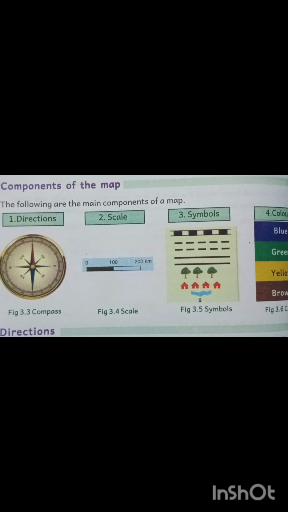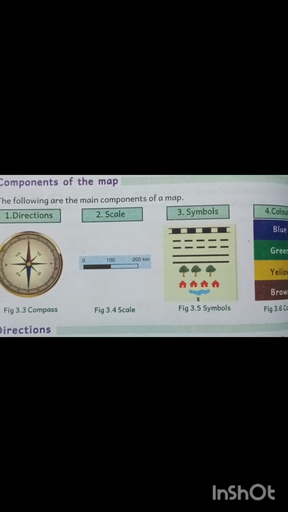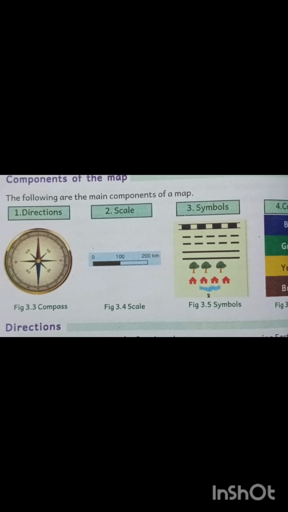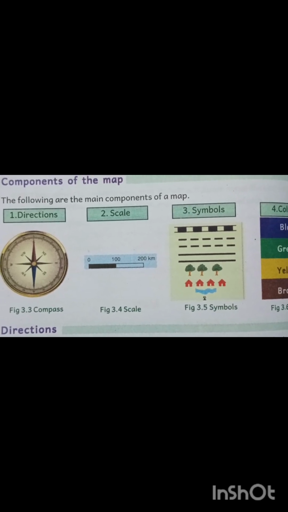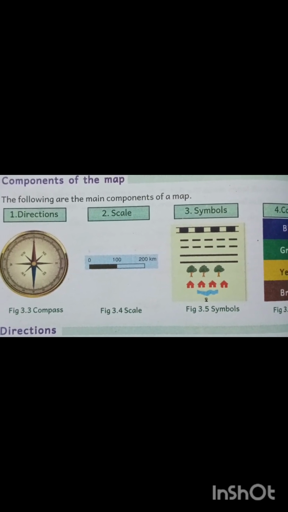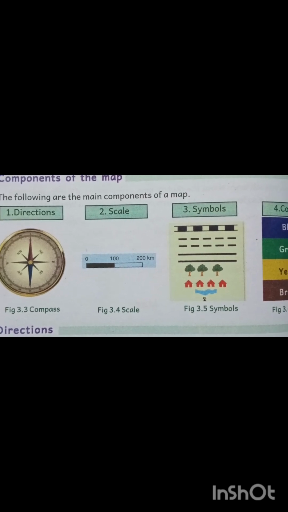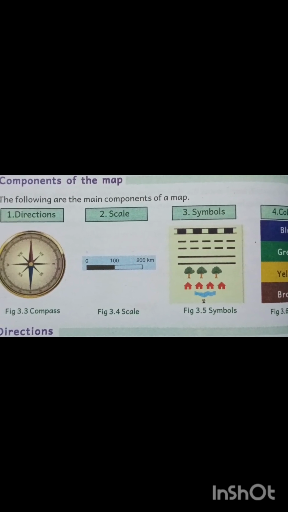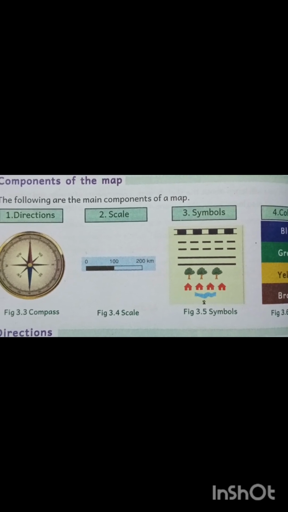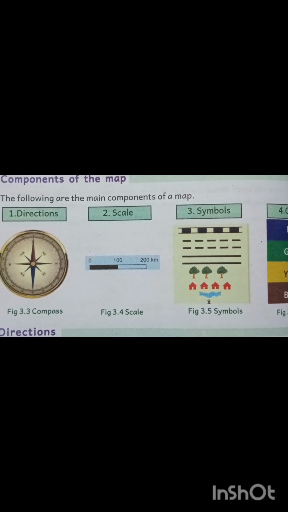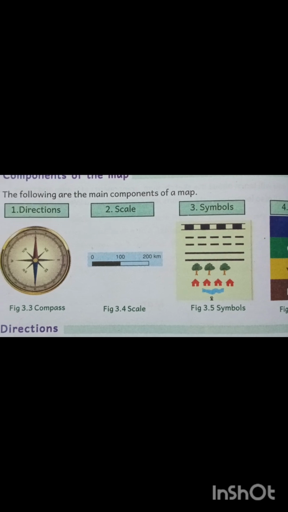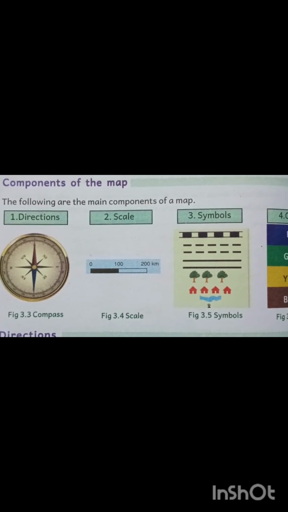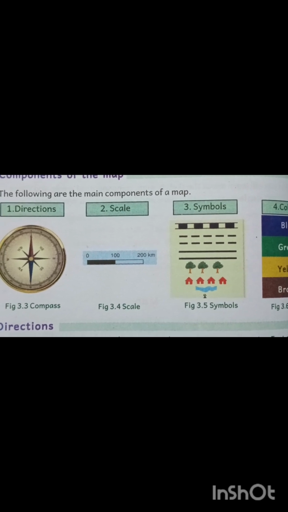Here, we are going to know about the components of the map. First one, directions. Here, the compass indicates to us the directions. Which direction is located in the north or in the south or in the east or in the west, everything we know through this instrument.